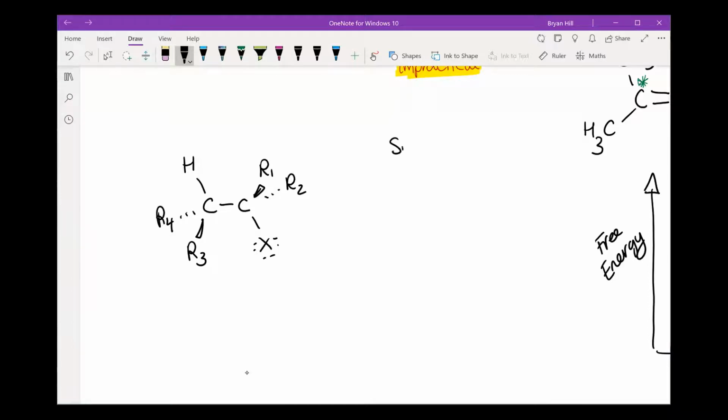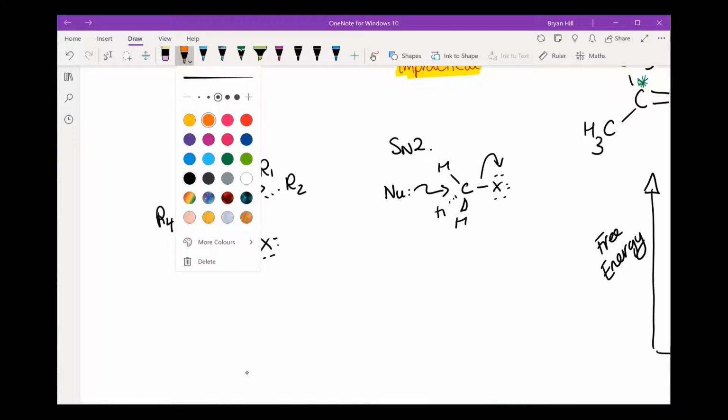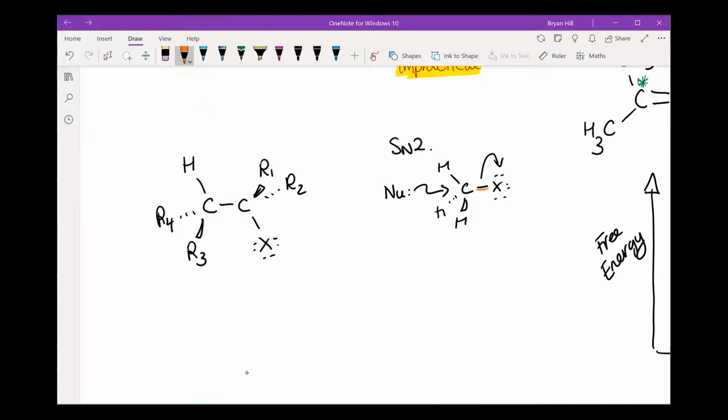So in an SN2 reaction, the neat thing about the SN2 was that the nucleophile had to attack the carbon on the opposite side of the leaving group. And it did that because the sigma star orbital of the bond which is being broken, this carbon-X bond, was right on the opposite side.